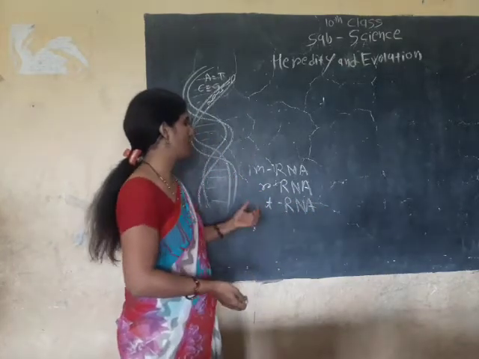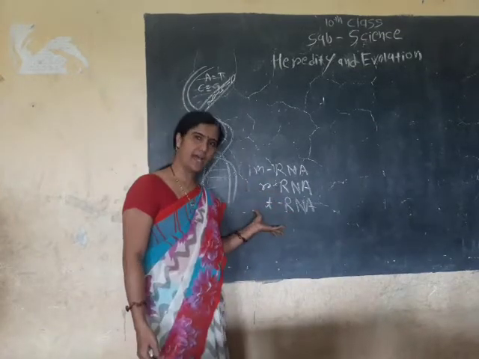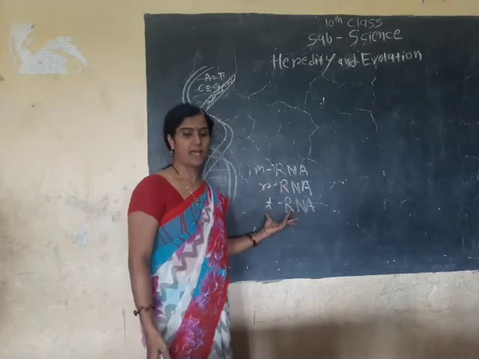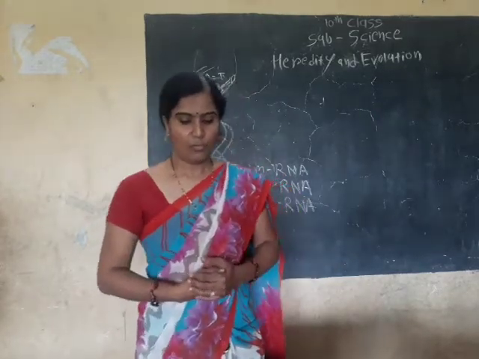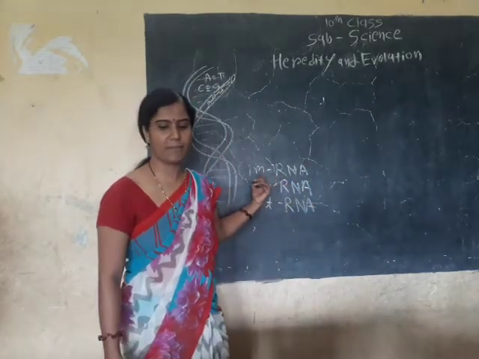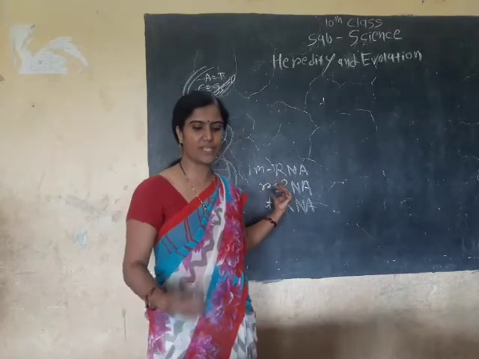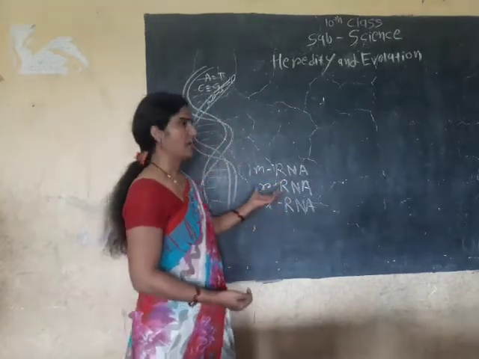The process of protein synthesis takes place with the help of that RNA. With the help of RNA, the genes present in the DNA participate in the functioning of the cell and thereby control the structure and functioning of the body.